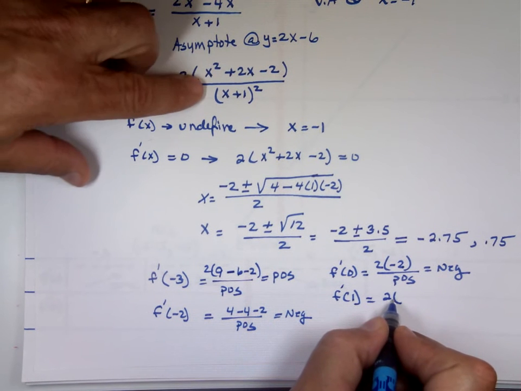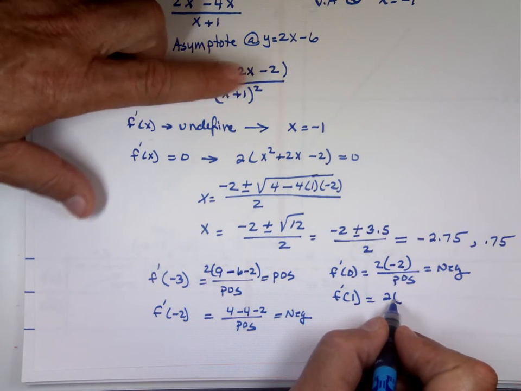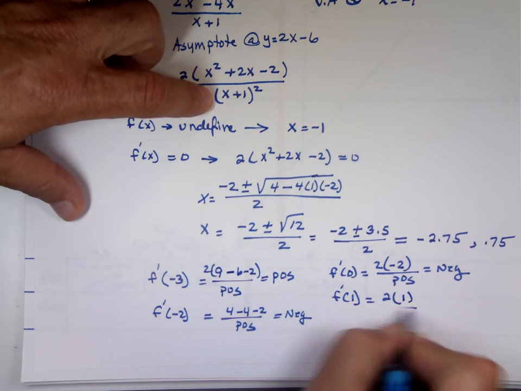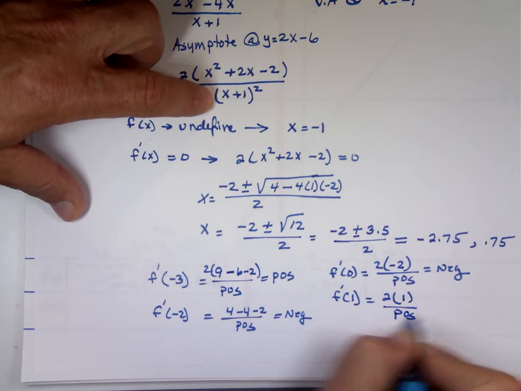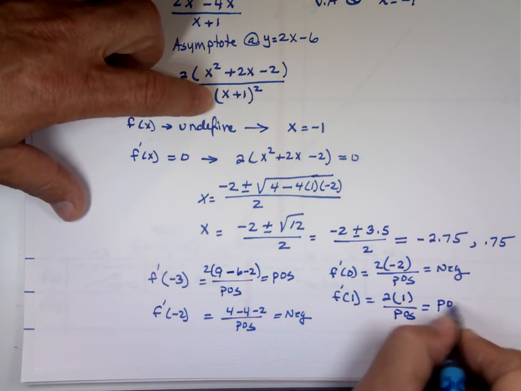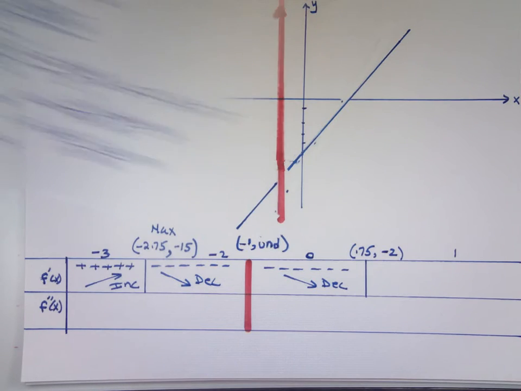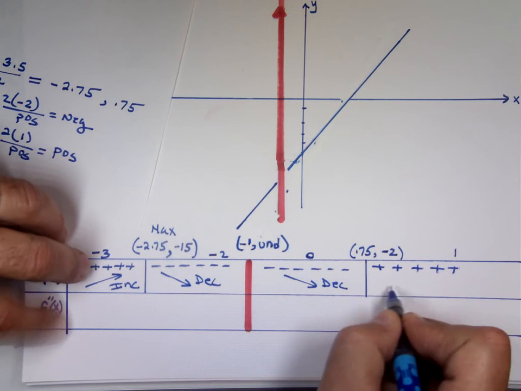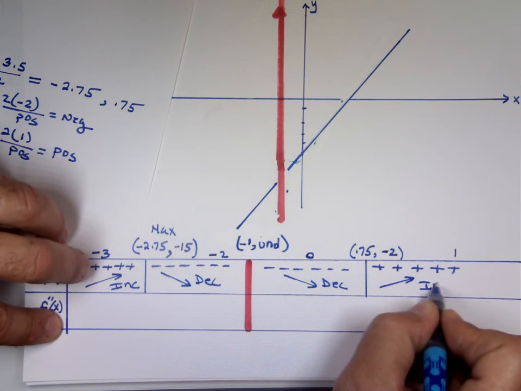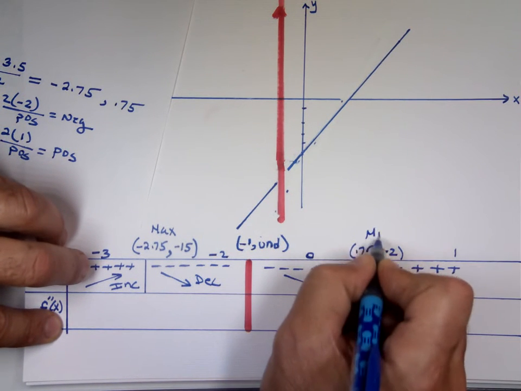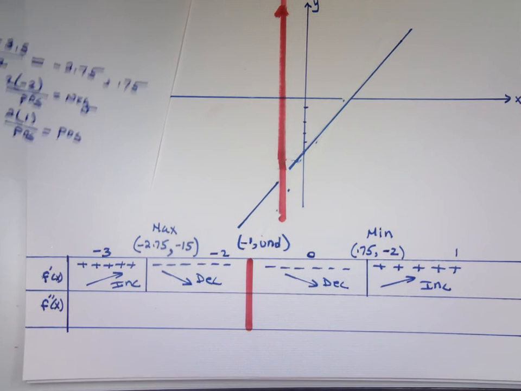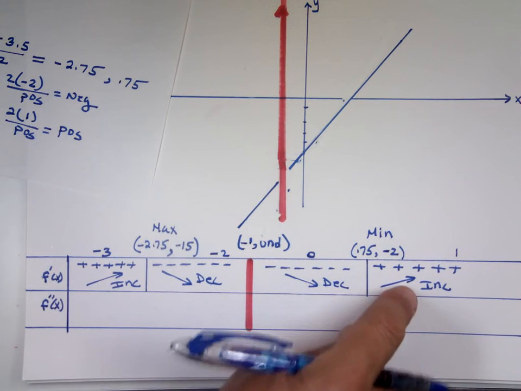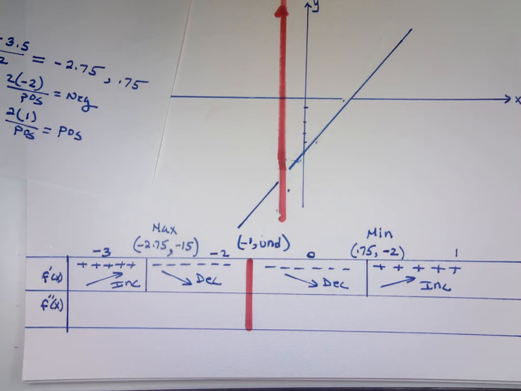One plus 2 minus 2, how about a 1? Positive over positive, and that's a positive. So the first derivative test is done. I know the min, I know the max, I know where it's increasing, I know where it's decreasing. Nothing else. Finish the first derivative.